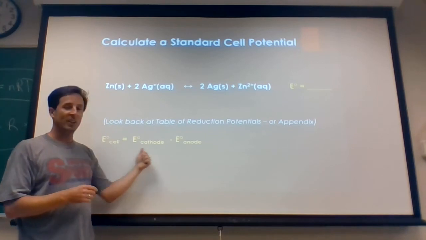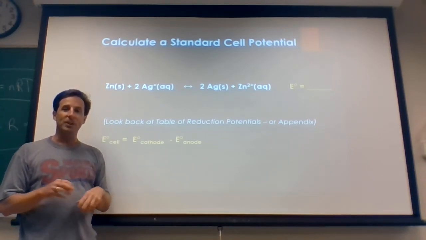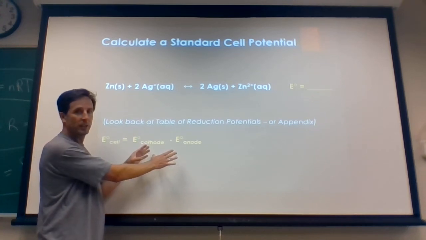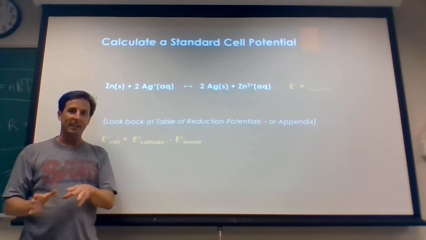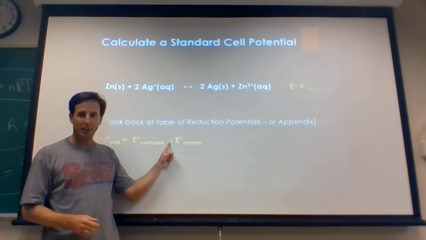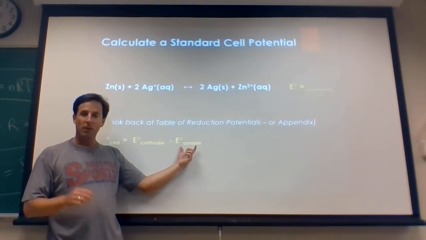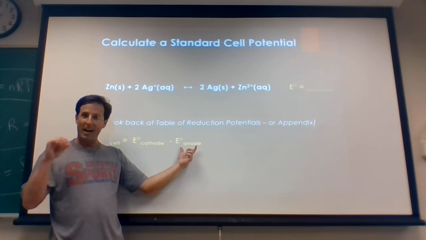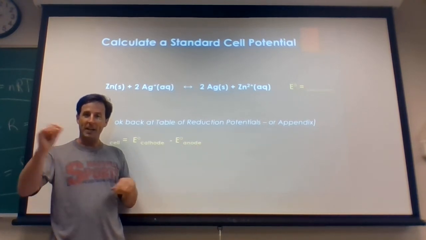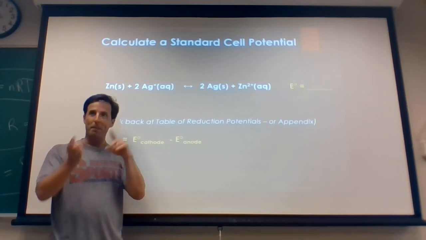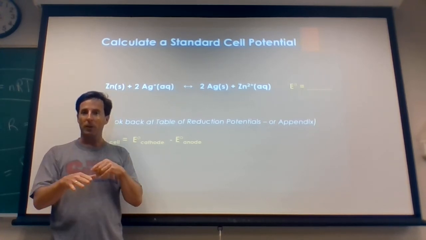If I use this equation though, I want you to just get the two numbers from the table, plug them into the equation, and don't change the sign. That's what the subtraction is for. If I subtract the anode value that I got from the table, I don't need to change the sign. If you change the sign and subtract, you're double dipping. You end up putting it back to the value that you started with, which is no good.